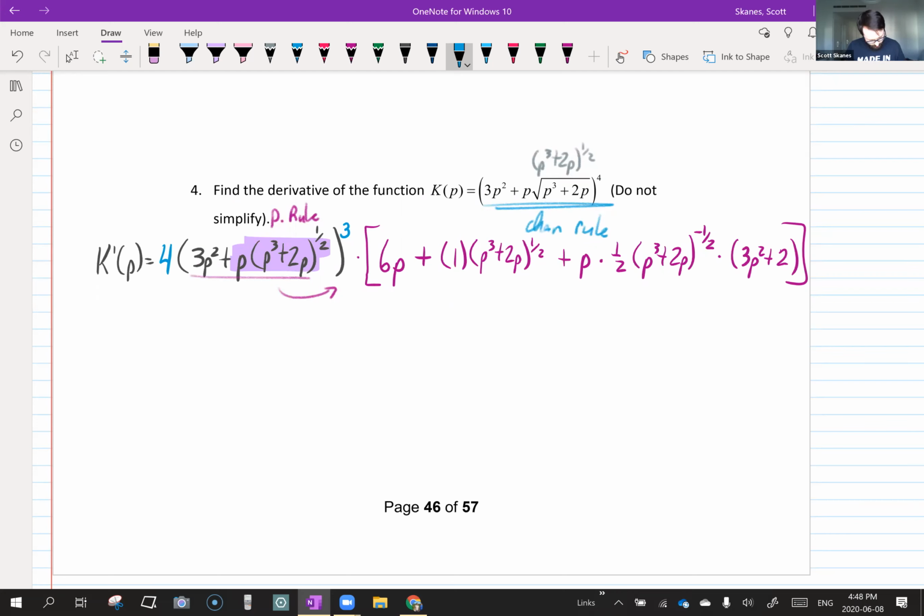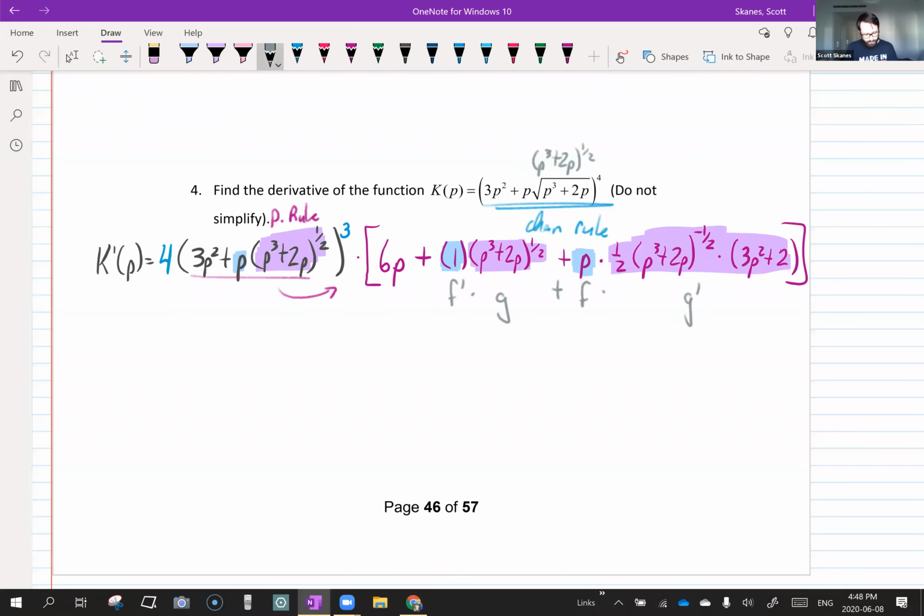So let me try to clarify. That's a nice bonus question. If this is product rule, first one, derivative of the first, and the first, second, derivative of the second. This would be how you do this question.